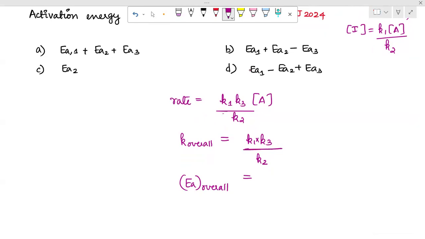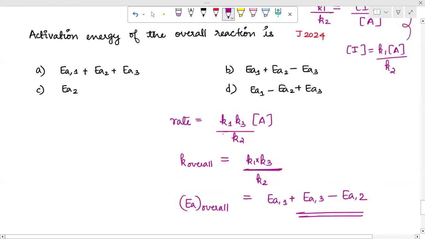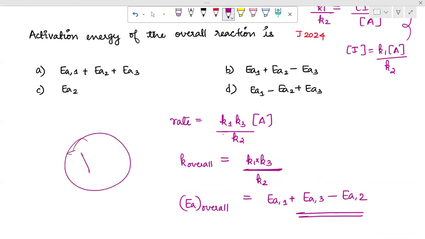Very important. So K1 into K3 will appear as EA1 plus EA3, and K2 is in the denominator, so that will appear as minus EA2. Very easy question which was asked recently in 2024. So it is EA1 plus EA3 minus EA2. Option B is the correct answer.